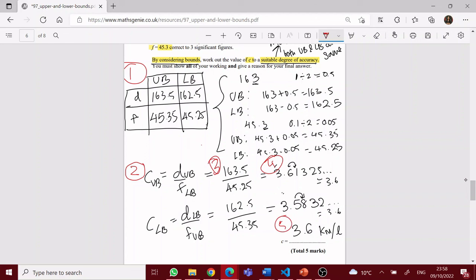Then step 5, round the number to the same for both upper and lower bound. I pretty much put the steps in a way you will get the marks. You get 1 mark for the upper and lower bound, 1 mark for the equation, 1 mark for substituting in, 1 mark for typing in the calculator and getting the right answer, and you get the final mark for the accurate answer. So that's pretty much it for considering bounds.